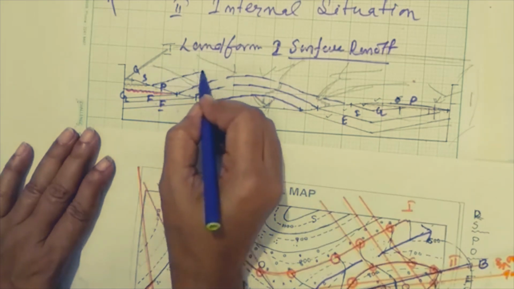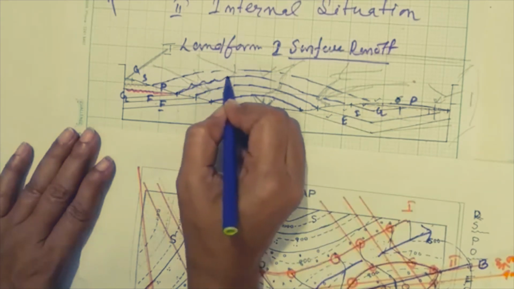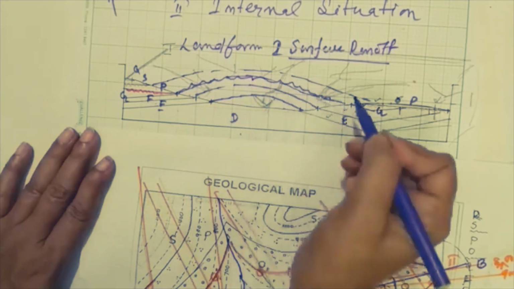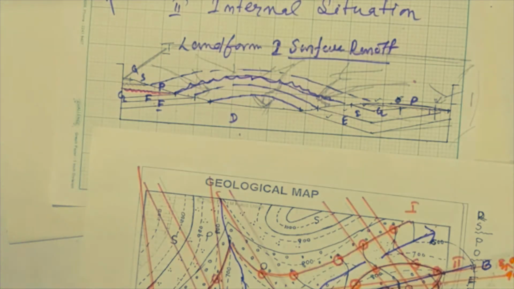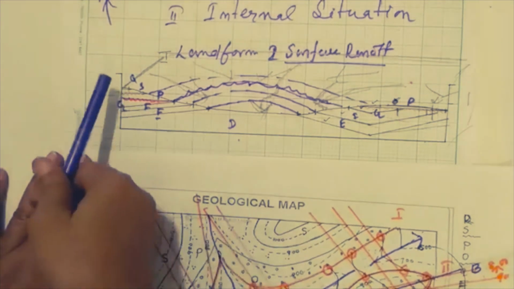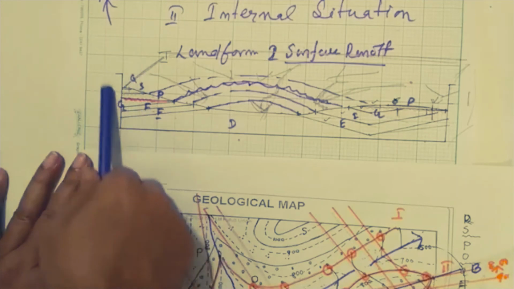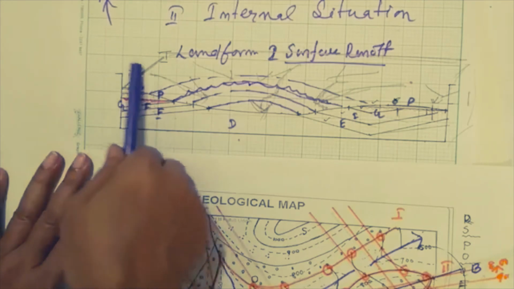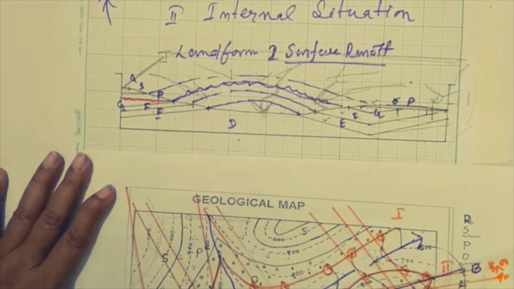So this is the P beds, this is the line of unconformity, and this is Q and S beds. So what is the evolutionary history? What is the history behind this landform? Suppose Q and S, these two beds lie as remnant beds, as residual beds, all weathered.